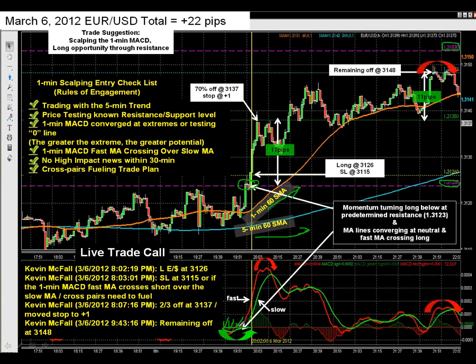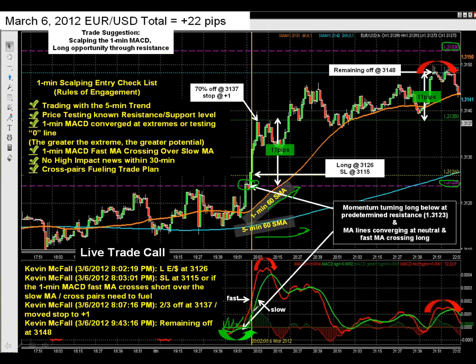Convergence is where the red and green lines, fast and slow moving average, converge or pinch. Then you see the red line cross over the green, fast crossing over the slow, going in the direction of the momentum of the trend. Then we have divergence developing.